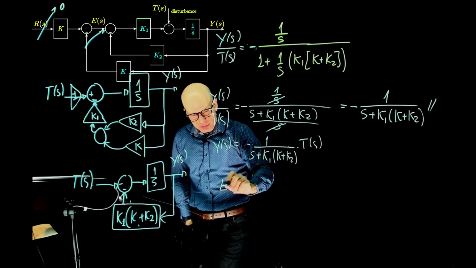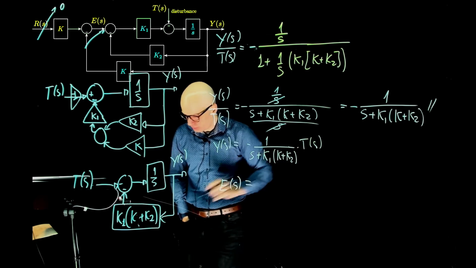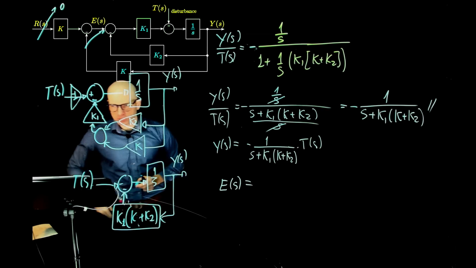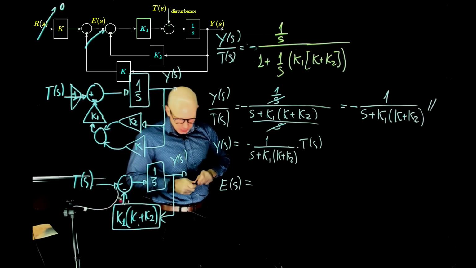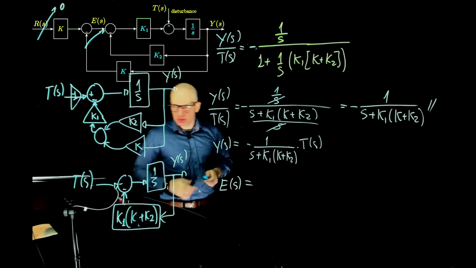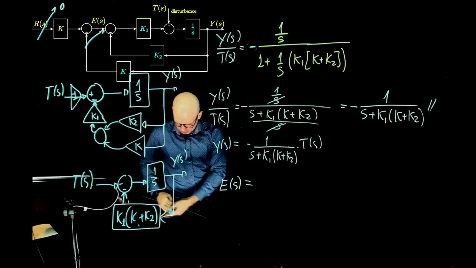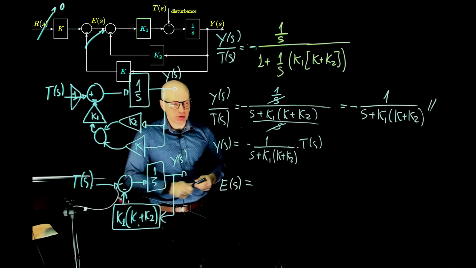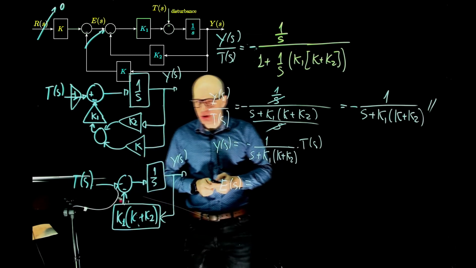What is the error? Would it be T of s minus k1 bracket k plus k2 times Y of s? Correct, so that's where the trick is.